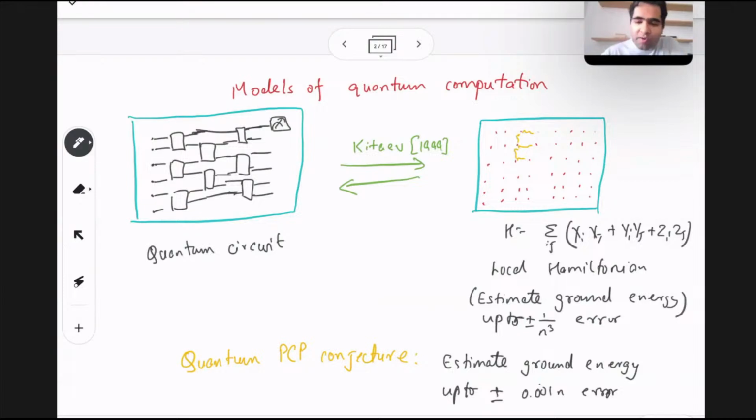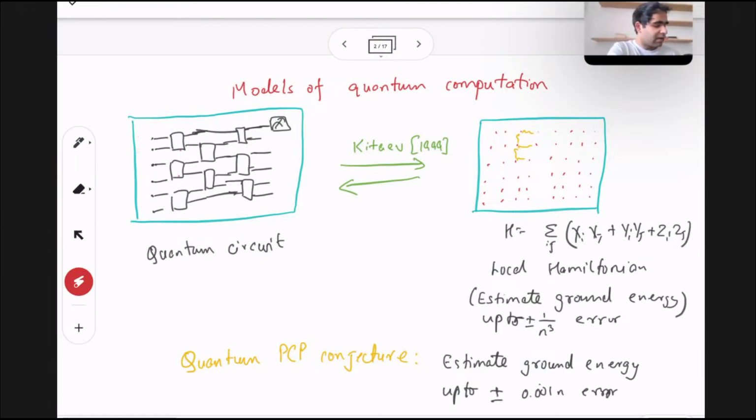So let's talk about the notion of model of computation. When we think about computation, let's say model of quantum computation, usually what comes to our mind is the circuit model, where you start with a collection of qubits, which are all set to be in state 0 in the beginning.